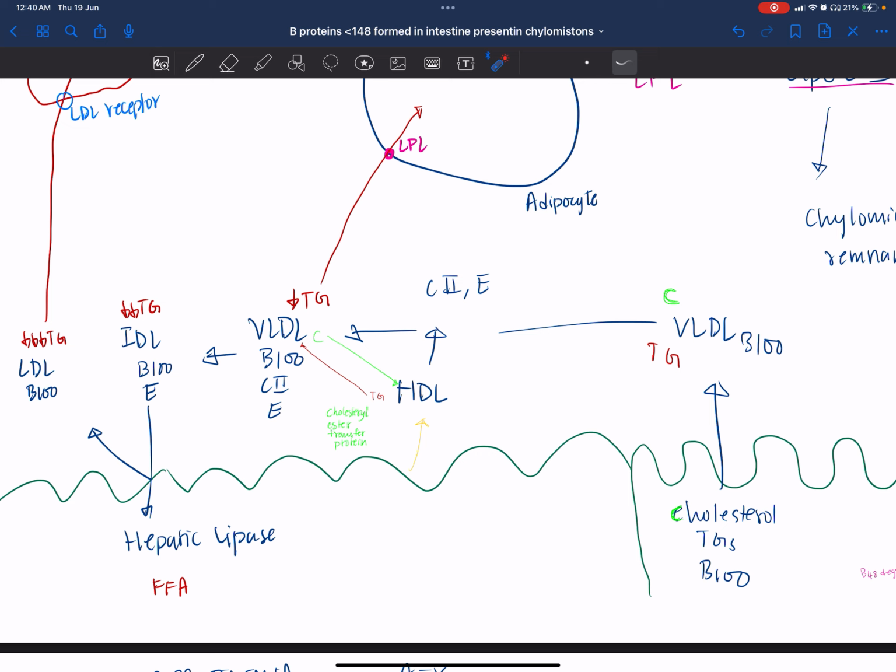Now, this HDL will exchange the triglycerides that it has for the cholesterol of the VLDL. So, what is HDL doing? It is accumulating the cholesterol. Whatever cholesterol was sent by the liver and whatever cholesterol the HDL picked up from the body, it is trying to accumulate in itself.